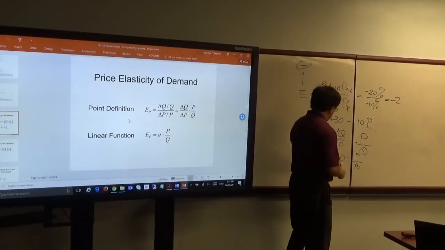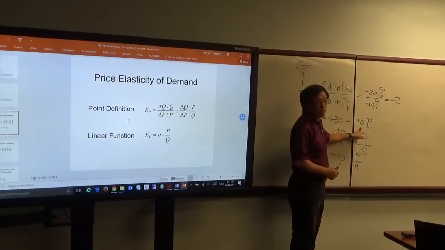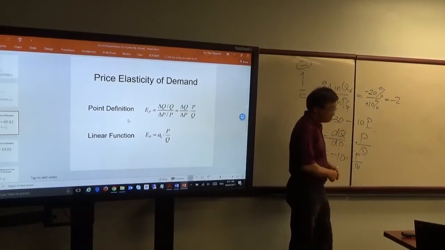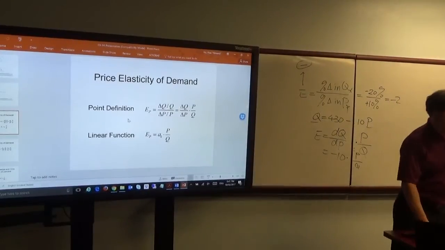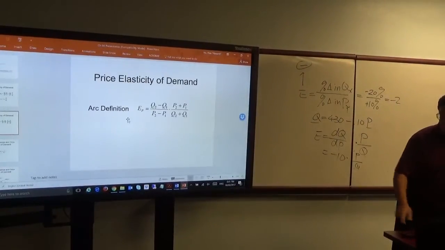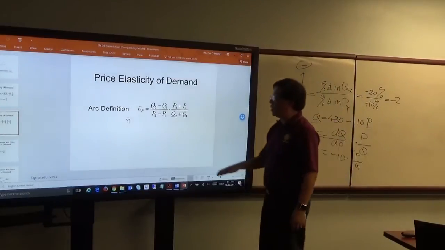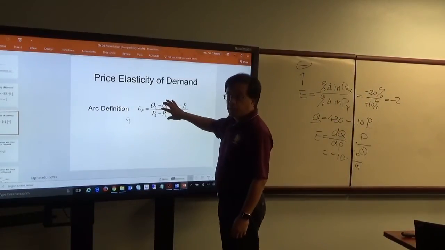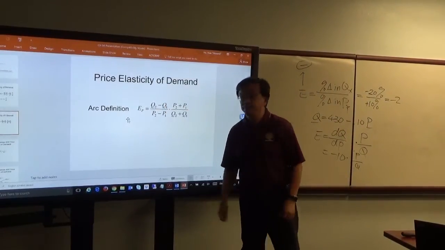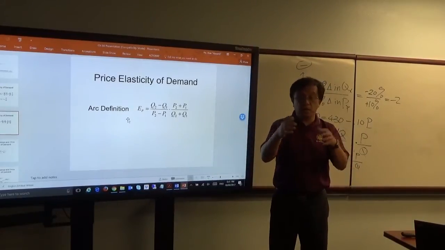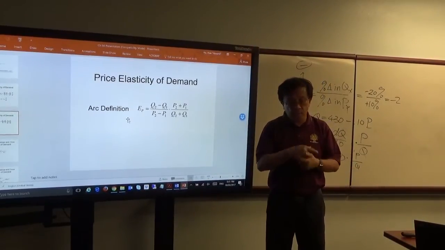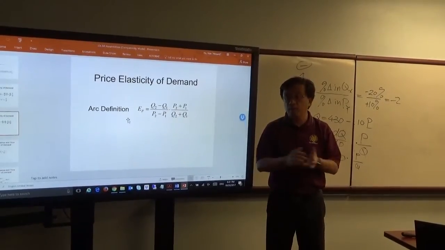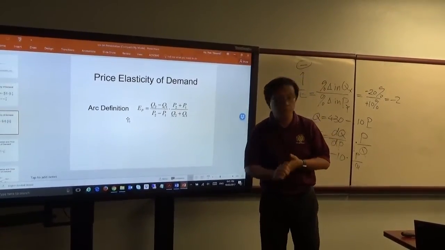What is A1? The coefficient right in front of the price. But for the point estimate versus the interval estimate, this is the formula. Can you tell the difference? Well, I will probably make the question very clear: interval elasticity or point elasticity. Right, point elasticity.